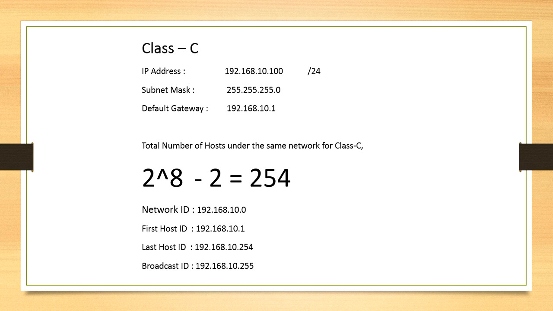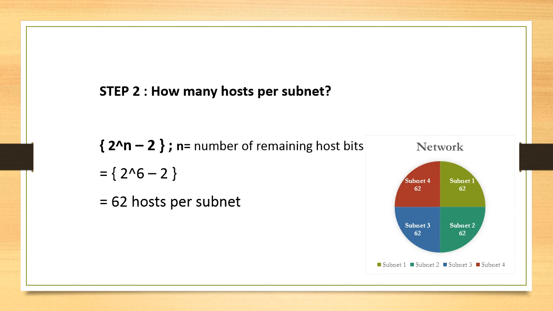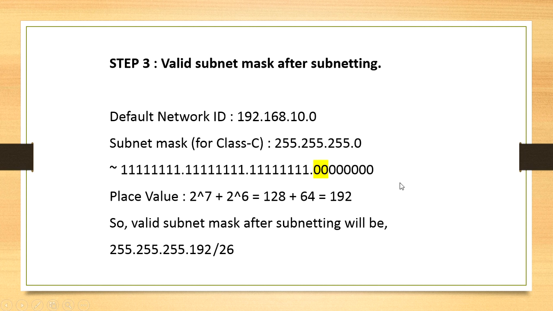Now after subnetting, this will change, because initially the subnet mask had 24 bits as network, but after subnetting we borrowed 2 host bits as network bits. So we have a total of 24 plus 2, 26 network bits.